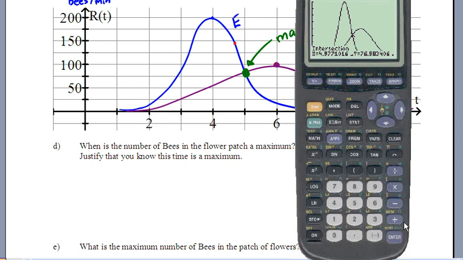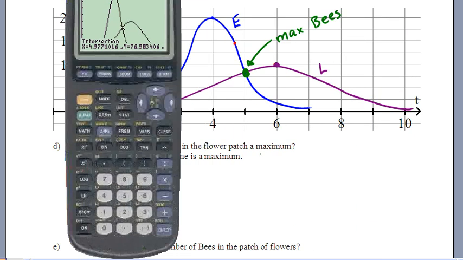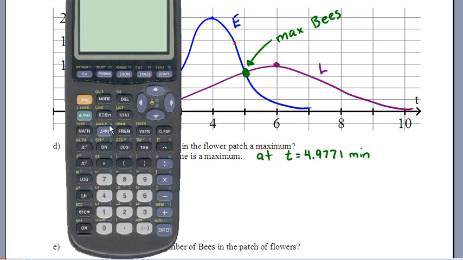Okay, 4.9771. That's the time. I want to remember that time, so I'm just going to quit here for a minute. I suspect it's right here in X. Yes, it is. I'm going to store that in A because my calculator tends to overwrite what's in X. All right, I've got it.